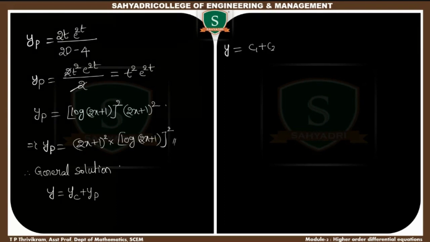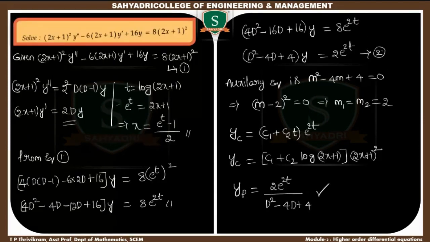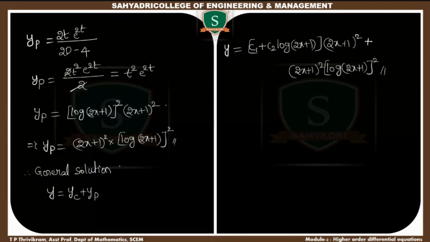C1 plus C2 log of 2x plus 1 into 2x plus 1 whole square, plus 2x plus 1 whole square into log of 2x plus 1 whole square. This is what yc is, right? Yc is C1 plus C2 log 2x plus 1 into 2x plus 1 whole square.